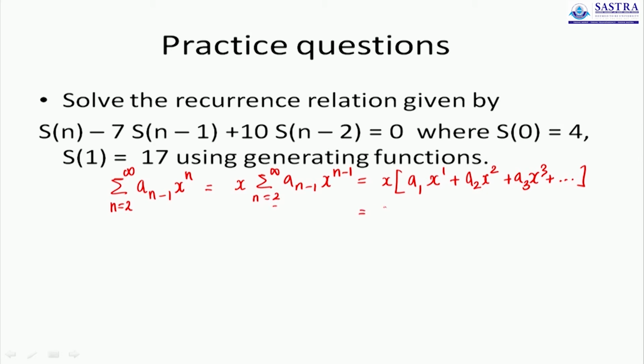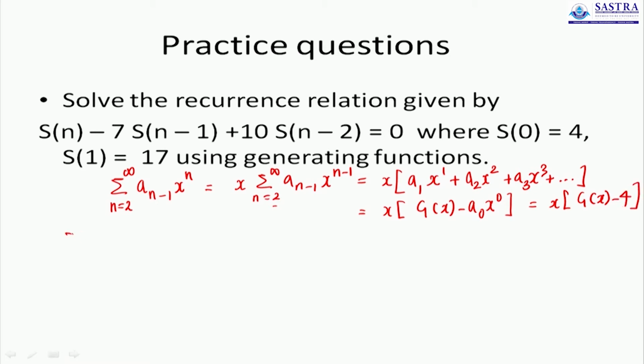Now when you compare this with g of x, this is g of x from which we have removed only the first term a naught x power 0. So what we have is simply x times g of x minus a naught, which is 4, so that is just 4.